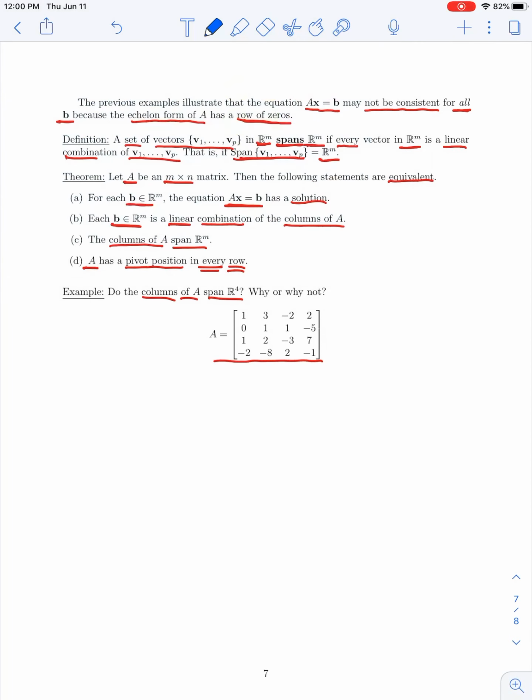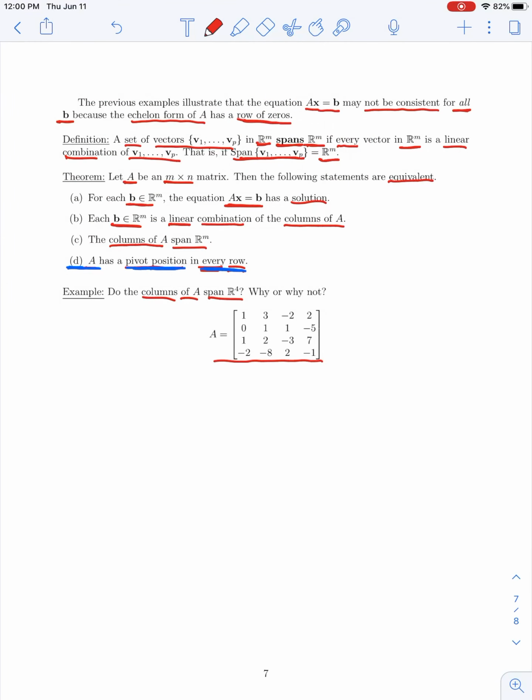So the way that we will typically check this is by using condition D in our theorem. Does the matrix A, whose columns are a given set of vectors, have a pivot position in every single row? To answer that, we need to try to put this matrix in echelon form.